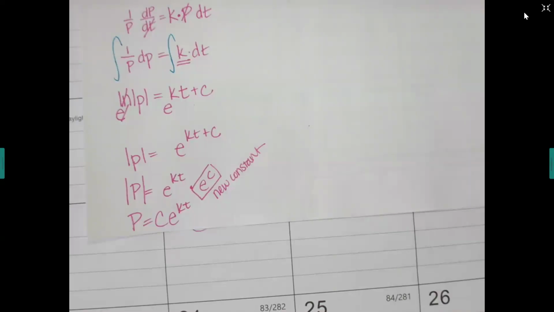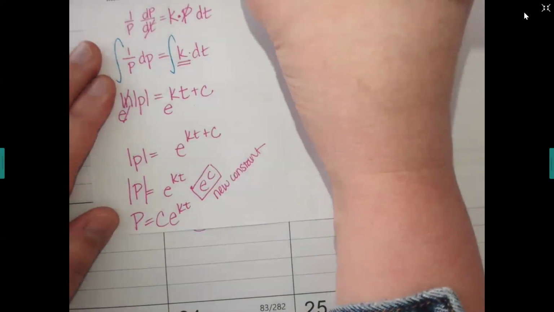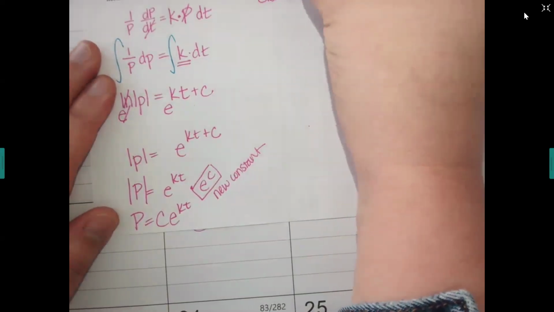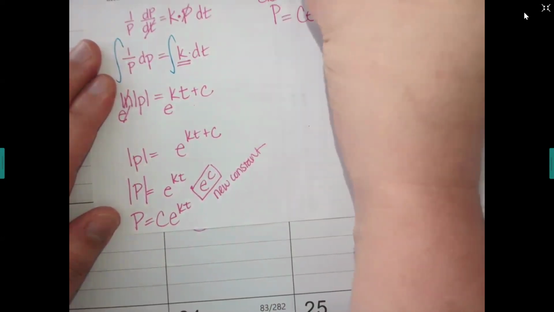But if C is a number you don't know, then it already could be plus or minus. So typically, if you're going to drop your C down to the front, you would not also put plus minus because any unknown number could already be either one of those options to begin with. Okay? So here's your general solution. It's P equals C e to the kt.